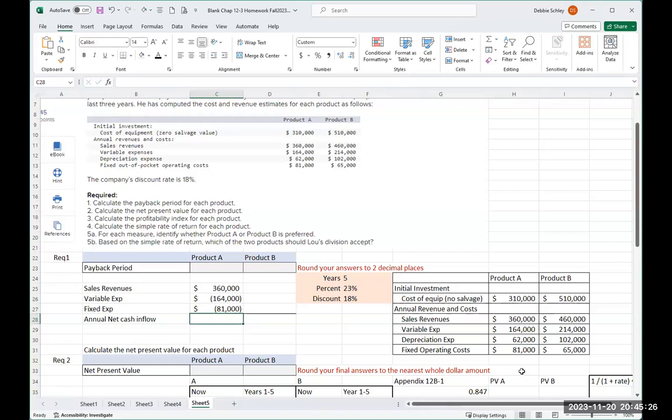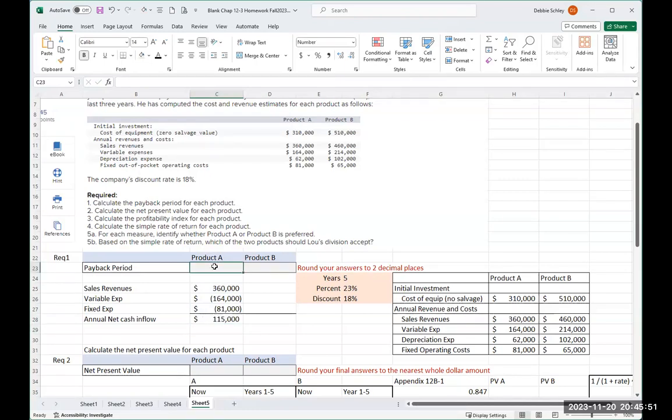So the reason that we do not take into account depreciation expense right here is because this is not a cash transaction, and they just want to know about the cash in and outflows. So we equal sum product A, and that gives me my annual net cash inflow.